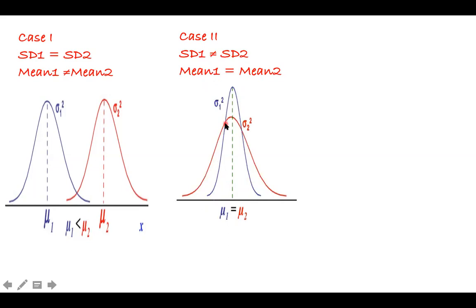And the third case is if two sets of observations have different standard deviations and different means, what will happen? They will have different bases and different heights also. And this is the curve for two observations having different means and different standard deviations.